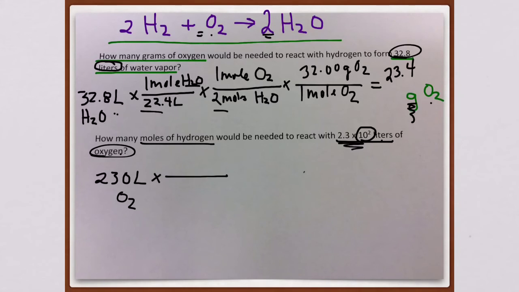And so now we have liters of oxygen. We need to always get to moles. How do we go from liters to moles? Just like we did up here: 22.4. It's nice and easy. You don't have to do any molar masses. Don't have to add up any of that stuff. Okay, and that's oxygen. What are we trying to get to? Moles of hydrogen. So our next step is to go from oxygen to hydrogen.